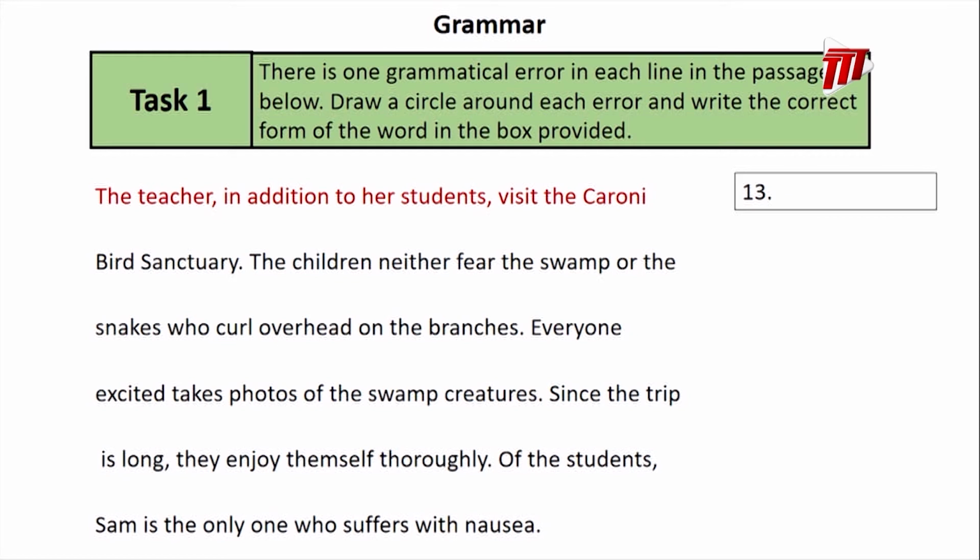Let's read it again. The teacher, in addition to her students, visit the Caroni Bird Sanctuary. The children neither fear the swamp or the snakes who curl overhead on the branches. Everyone excited takes photos of the swamp creatures. Since the trip is long, they enjoy themselves thoroughly. Of the students, Sam is the only one who suffers with nausea.